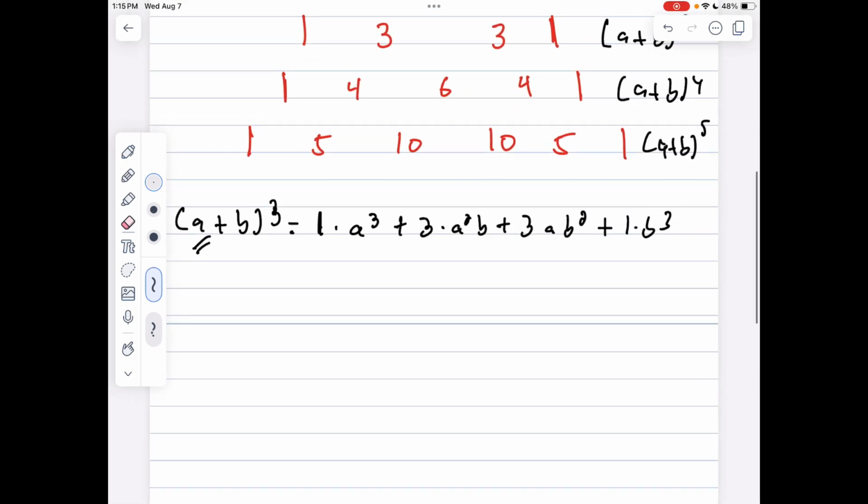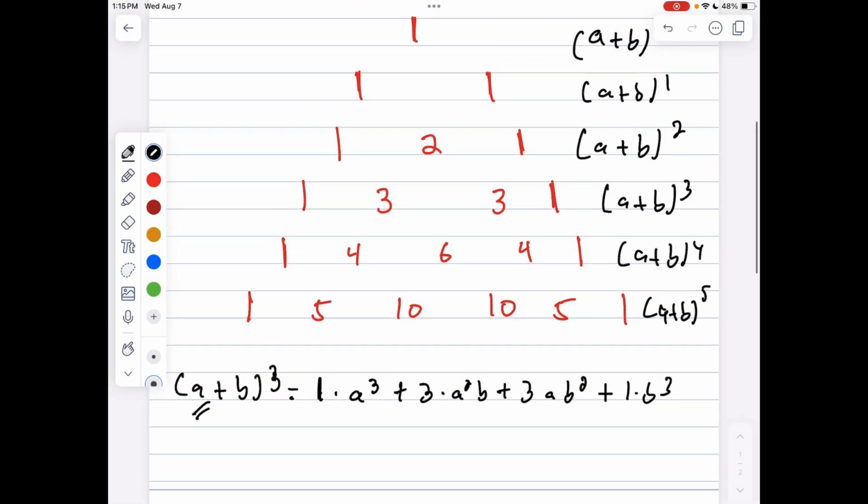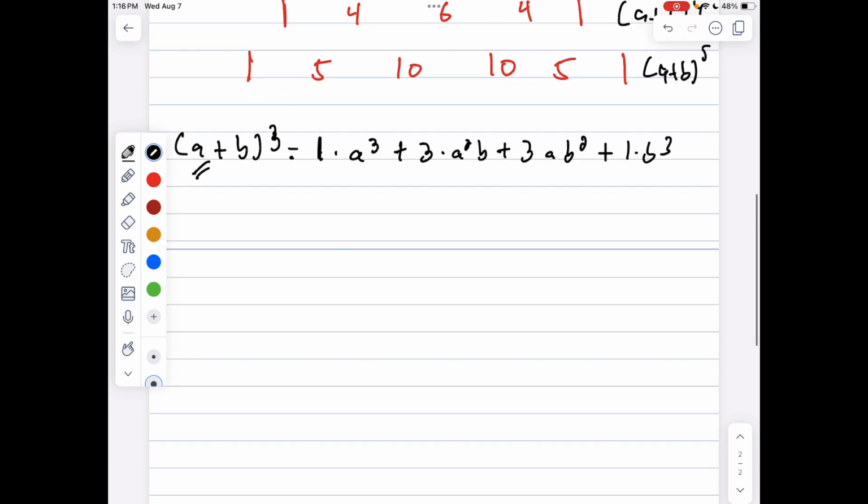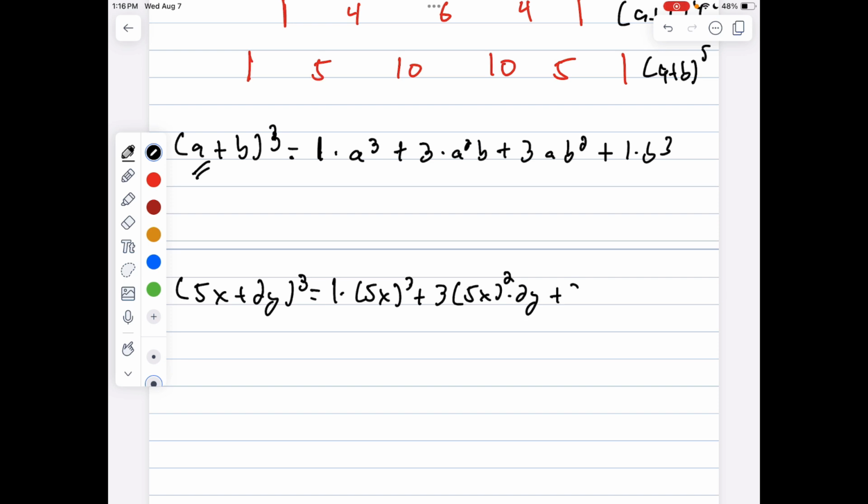So how does that work for us here with 5x plus 2y to the third? Here our a is 5x, so I'd have 1 times 5x to the third power, plus 3 times a squared, which is the next term, so it'd be 5x squared times 2y, plus 3 times 5x to the first times 2y squared, and then finally plus 2y to the third.